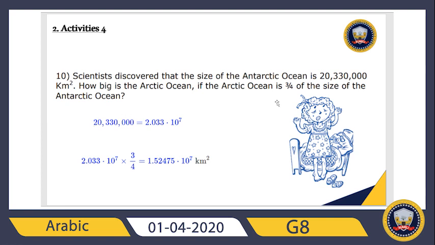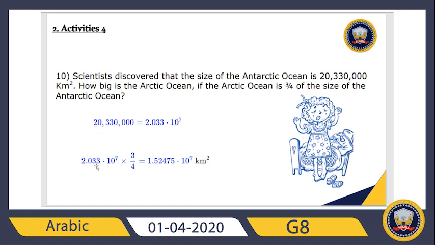Now, there are many ways to solve this question. First I'm taking this number and converting it to scientific notation. It's easier for me. So this number is equal to 2.033 times 10 to the power of 7. I moved my decimal point 7 places until here between 2 and 0, so I raise 10 to the power of 7.